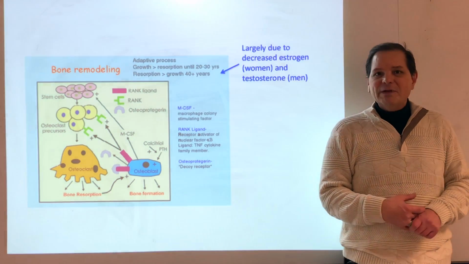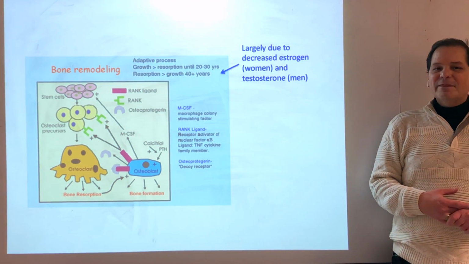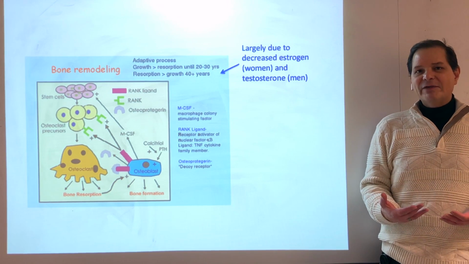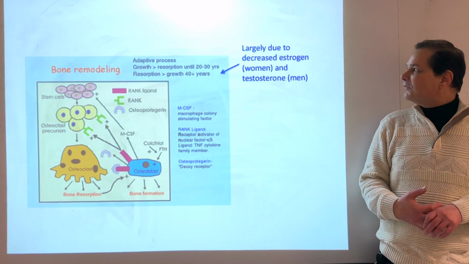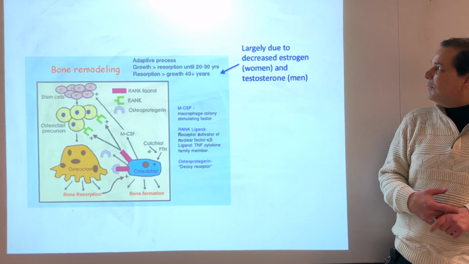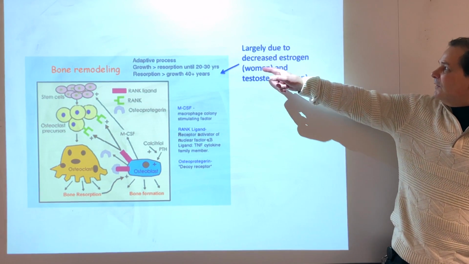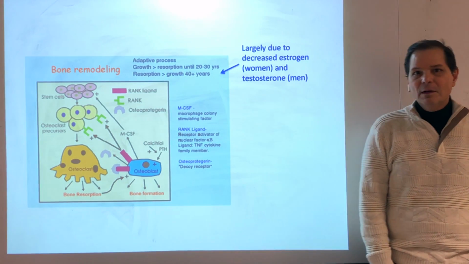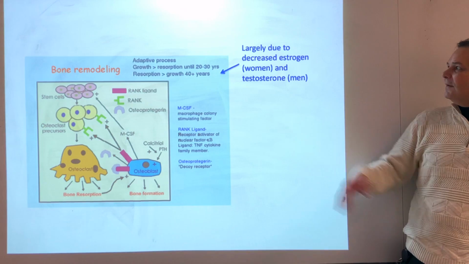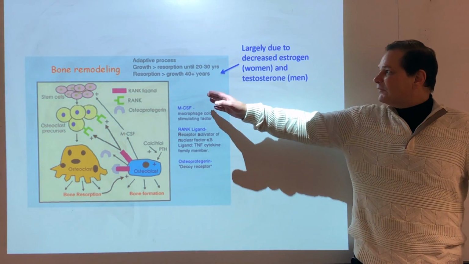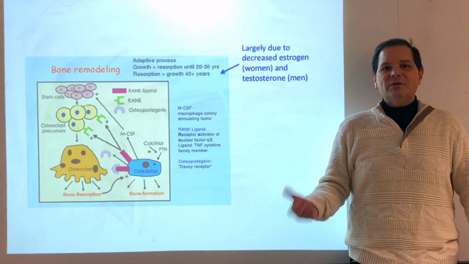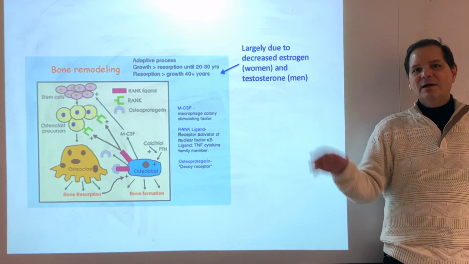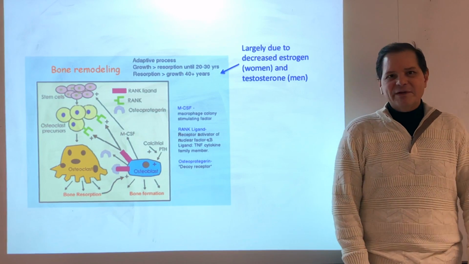After about 40 years of age, that shifts, and all of a sudden you've got more osteoclastic activity than osteoblastic activity, and so you actually lose bone. And this is largely due to decreased estrogen in women and testosterone in men. We're going to talk about that in a moment. But that shifts this process more toward bone resorption, and you get more osteoclastic activity and a little bit less filling in by the osteoblastic activity.